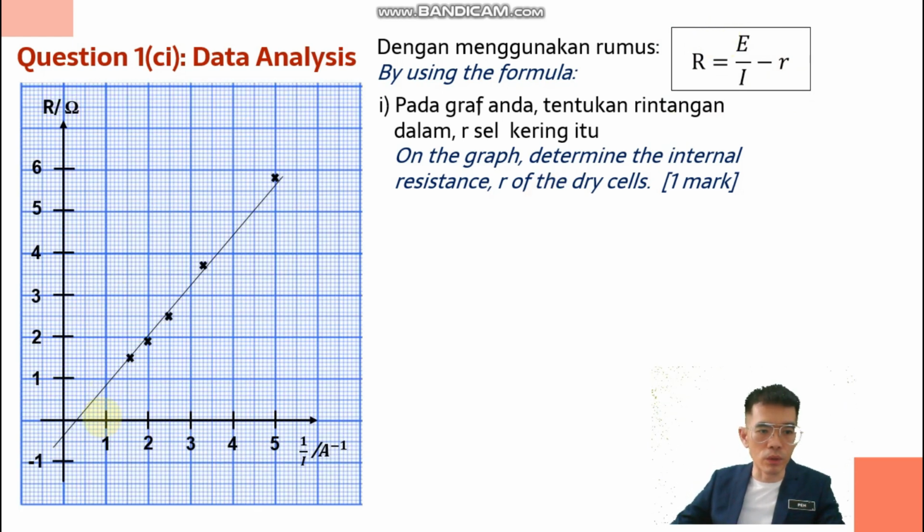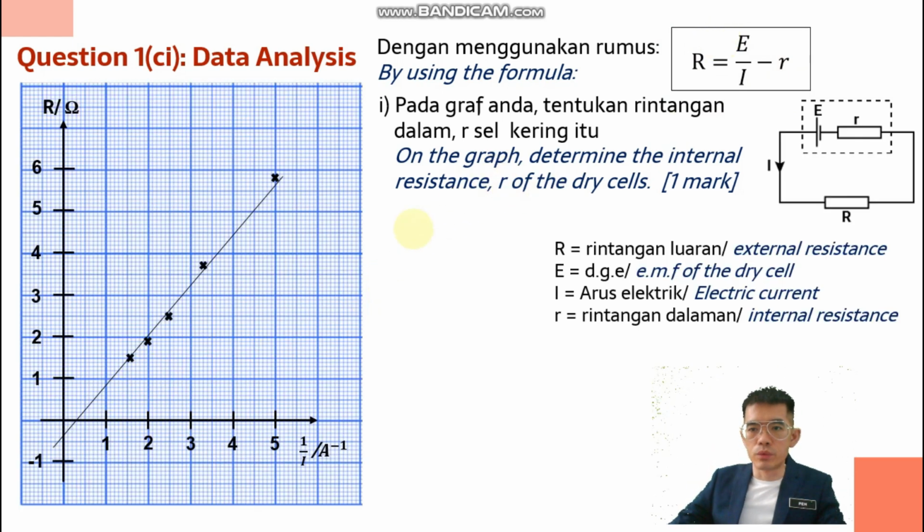So where is our R, according to this diagram, which is the SPM of 3.5? R represents the external resistance, E is the E.M.F, I is the electric current, and r is the internal resistance which we need to find out. This is the detail for the symbols in the equation.